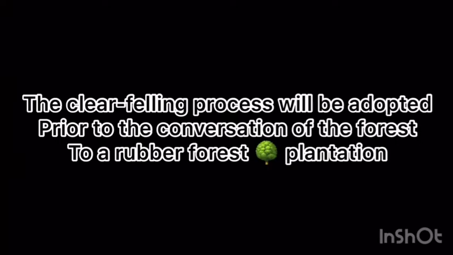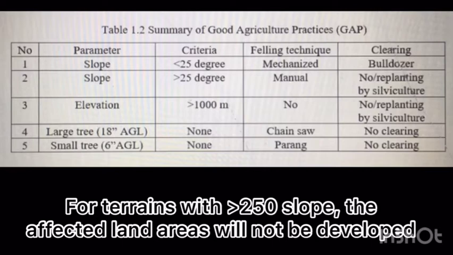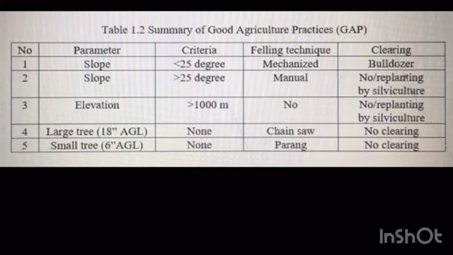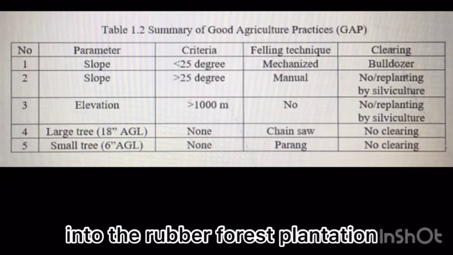The trees in the project site will be uniformly cut down. The clear felling process will be adopted prior to the conversion of the forest to a rubber forest plantation. Good agriculture practice will be adopted and implemented for this particular development. For terrains with greater than 25 degree slope, the affected land areas will not be developed into the rubber forest plantation.